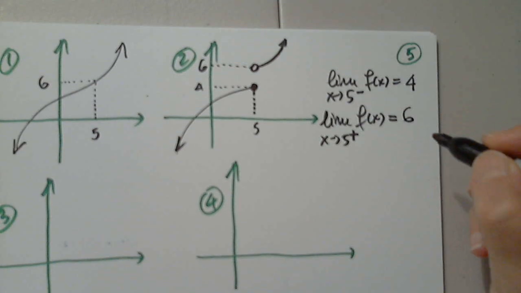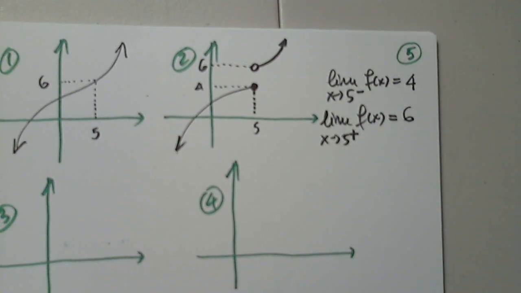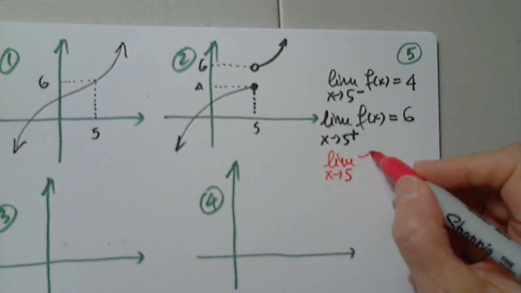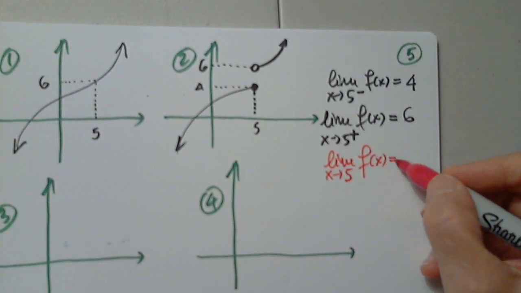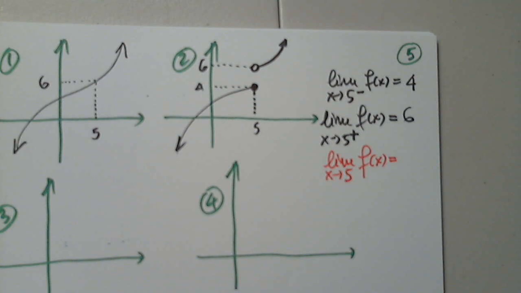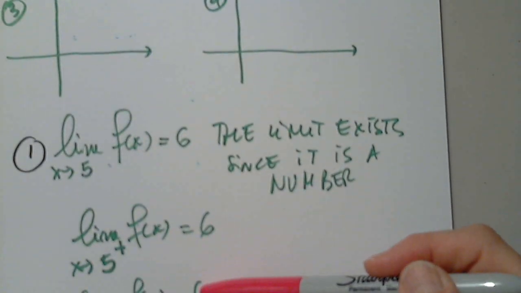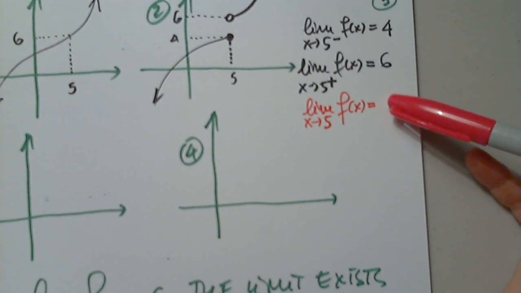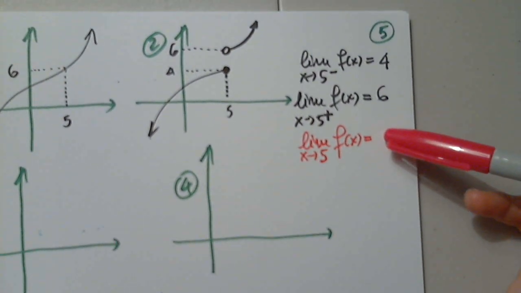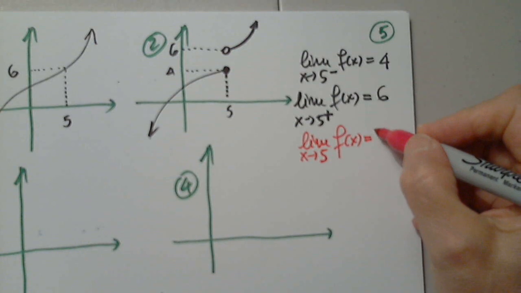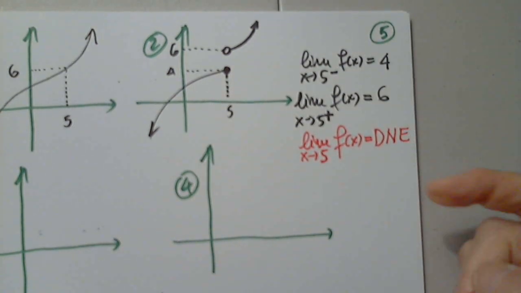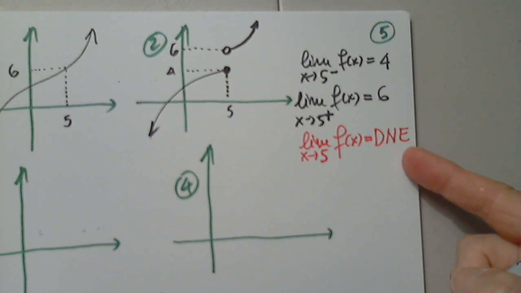And now I'm going to ask you, what is the limit as x approaches 5 from either side of f of x? If they're not the same, what can I write? Undefined? We have a different notation for this, or a different acronym. DNE.